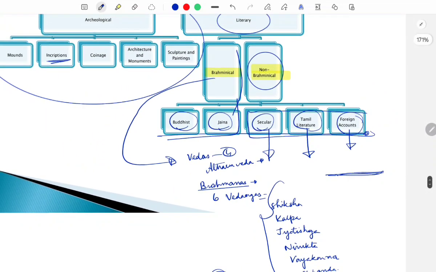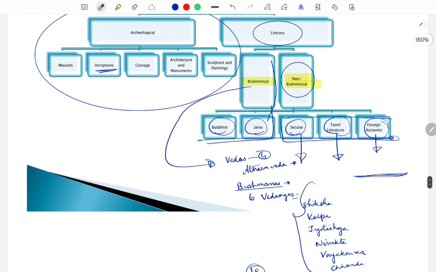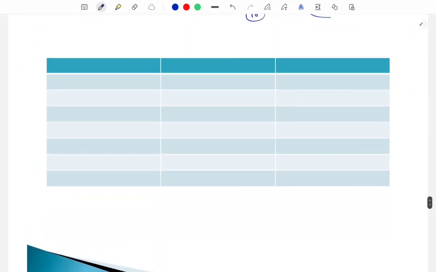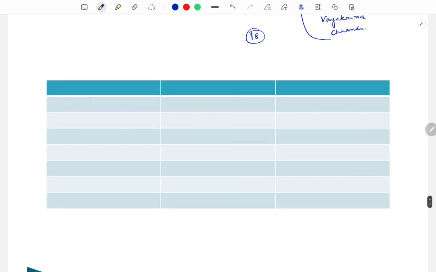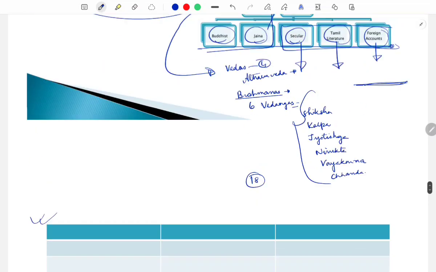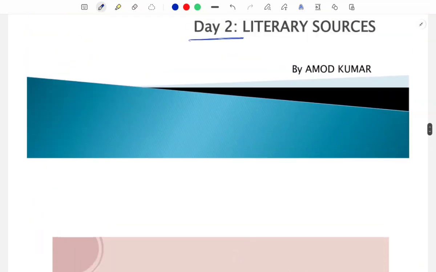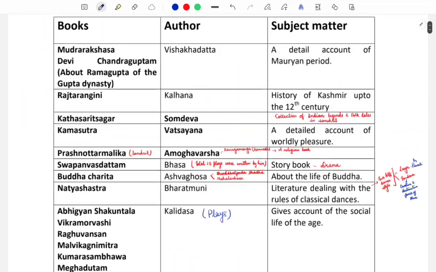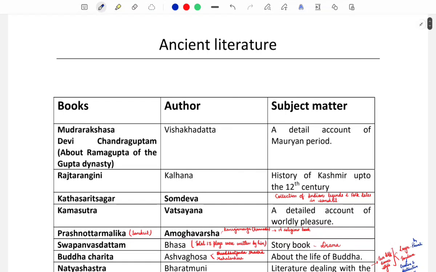So let's get back to our discussion. Here I intended to make a list for you, but instead of making the list, to save time, I have just taken up the table from my own book.